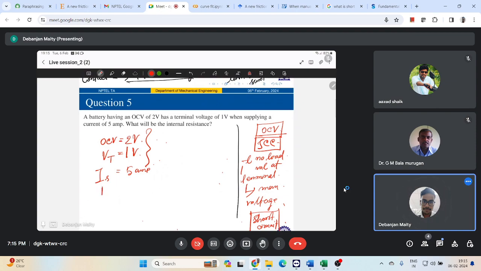What will be my resistance? So I know I equals (V minus delta V) by R, where V is my OCV at no load condition, and when I'm applying current, the terminal voltage is 1 volt.